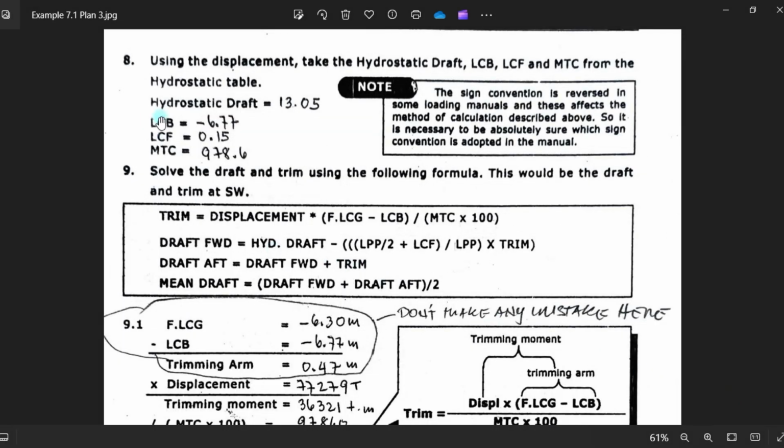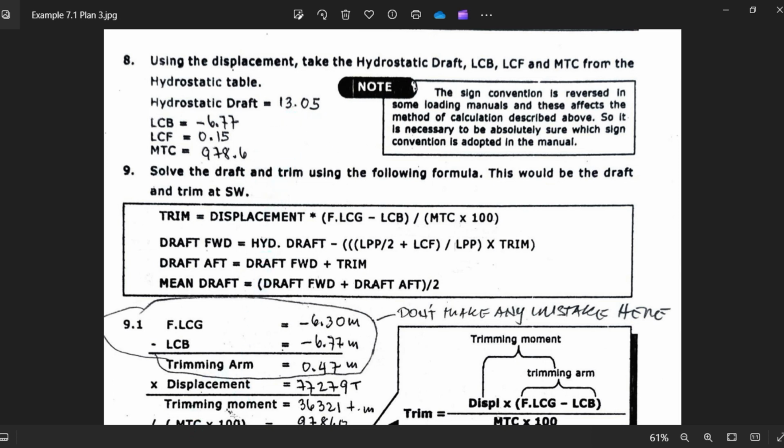So we go now to number 8. Using the displacement, take the hydrostatic draft, LCB, LCF, and MTC from the hydrostatic table. So we'll check the draft.